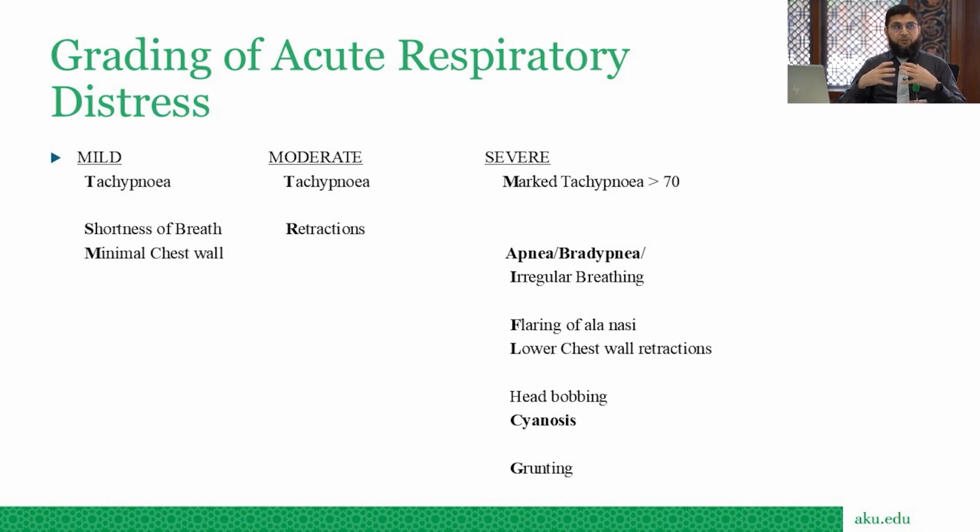Then if the patient does not improve and the gas exchange does not improve, the body sends a signal to the respiratory muscles, that is the diaphragm, to cause more vigorous contraction so as to improve the tidal volume, so that one can improve the minute ventilation.